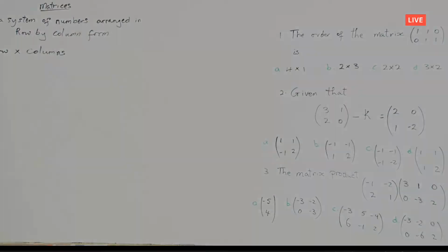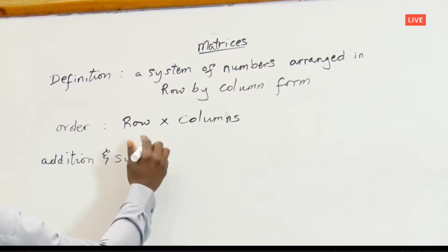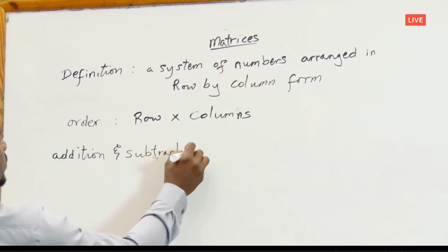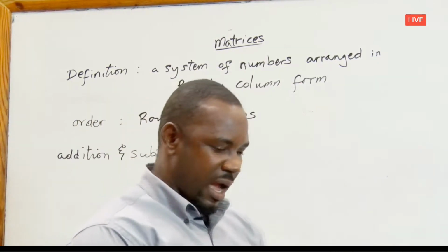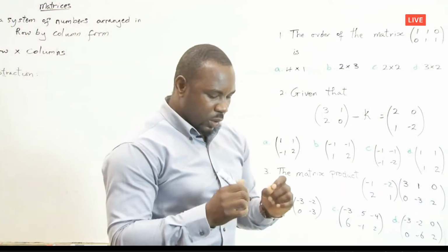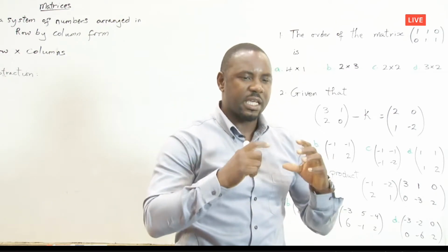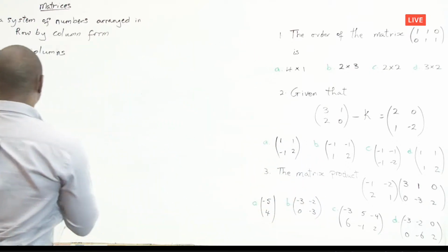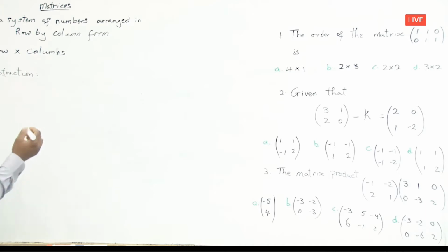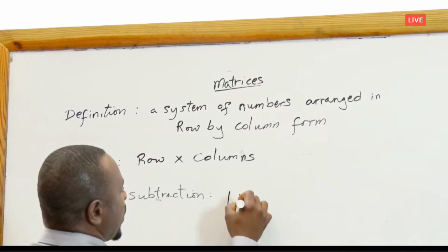Then we went and looked at some different types of matrix, and we added them and we subtracted them. And we also used the scalar. Now remember, when we did addition and subtraction of matrices, we have to have two matrices that are made up of the same number of rows and the same number of columns.